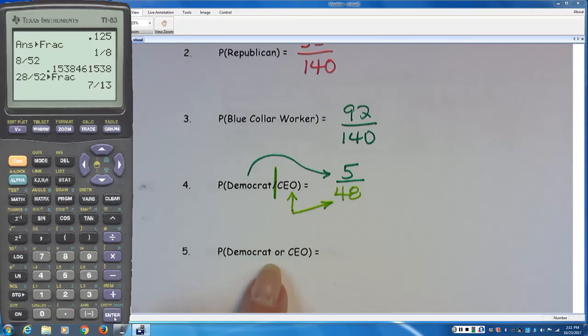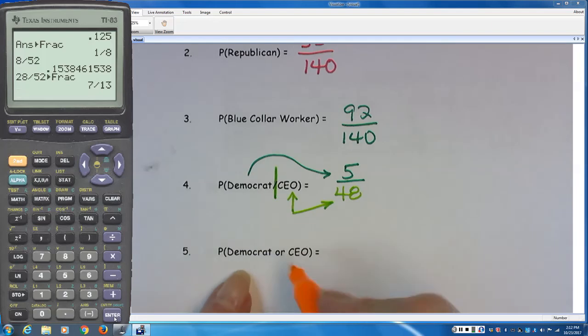The next one says the probability they're a Democrat or a CEO. And again, we've still got to be careful. You have to add the Democrat and the CEO and subtract the CEO who is also a Democrat.